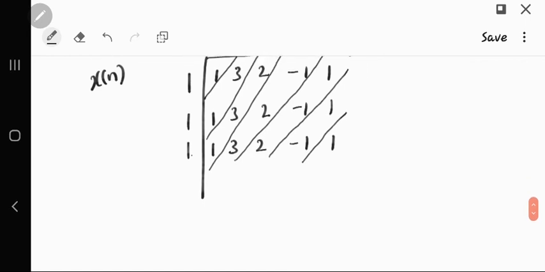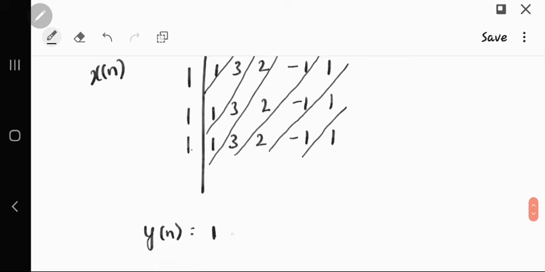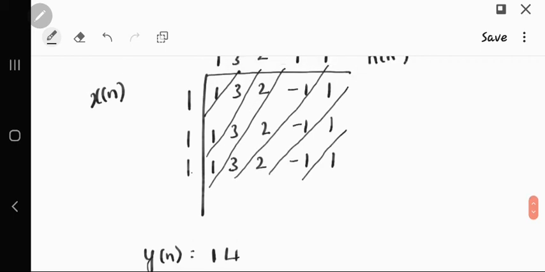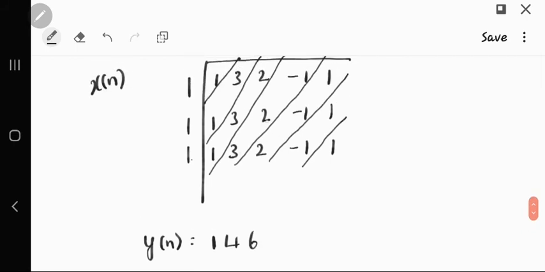Now you take the first one right here, 1 is there. So this is y of n, 1 is there. Next, if two or more signals are there, you add them. 3 plus 1 will get 4, and here 3 plus 2 plus 1, that is 6. And here 3 plus 2 is 5, 5 minus 1 is 4.